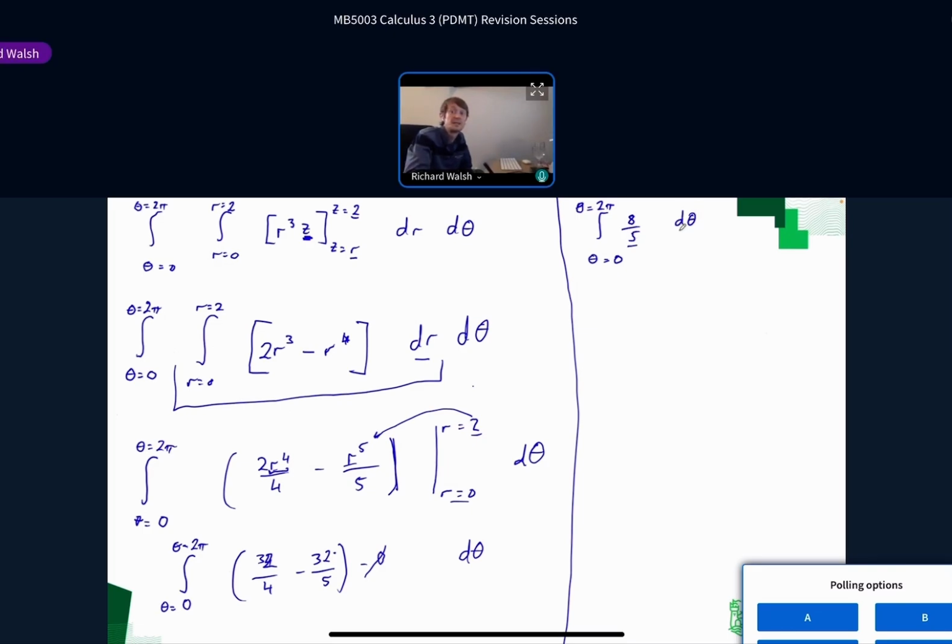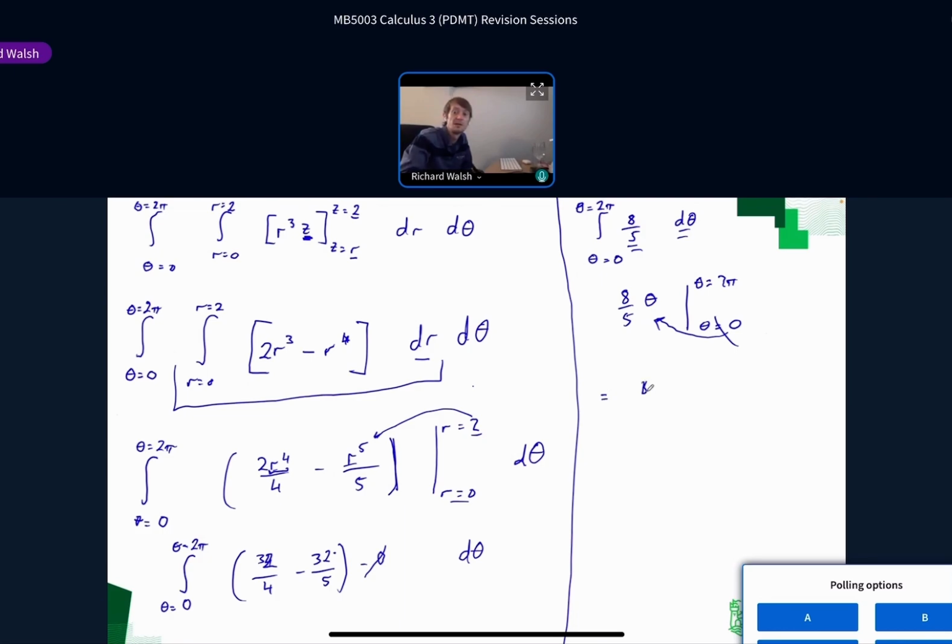So I'm now going to integrate with respect to theta. If you integrate a constant with respect to x, you get the constant times x. Integrate a constant with respect to theta, I get that constant times theta, and I have theta limits of 2 pi and 0. If I substitute in 0, 8 over 5 times 0 is 0, so I'm not going to bother subbing that in.